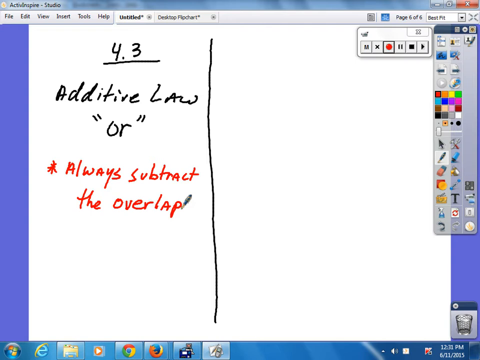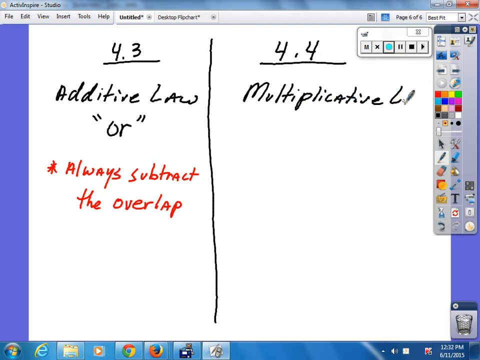All right? Now with 4.4, and again, I'm sorry, I thought I covered the material, but evidently I just wrote it down. That's the multiplicative law, which is centralized around the word and.